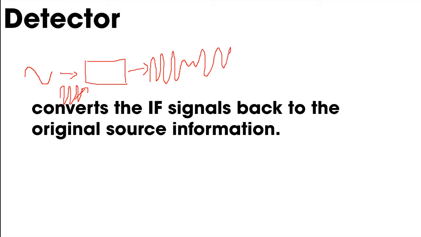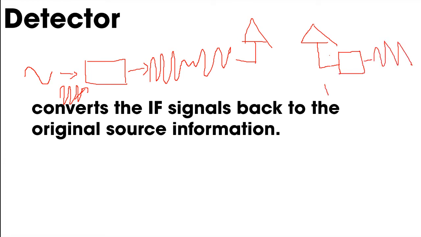And then you transmit it through your antenna, and then afterwards you receive it through your receiver, also through an antenna. And then what we do is that we convert it into intermediate frequency, and then by using our detector, we finally convert the intermediate frequency back into our message signal.